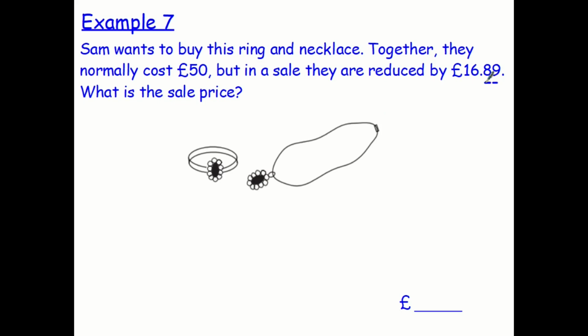So I'm going to put my £50 to 2 decimal places like this, 0.00. And then I'm going to put my decimal point there straight away, and my £16.89 falls into place nicely under there.